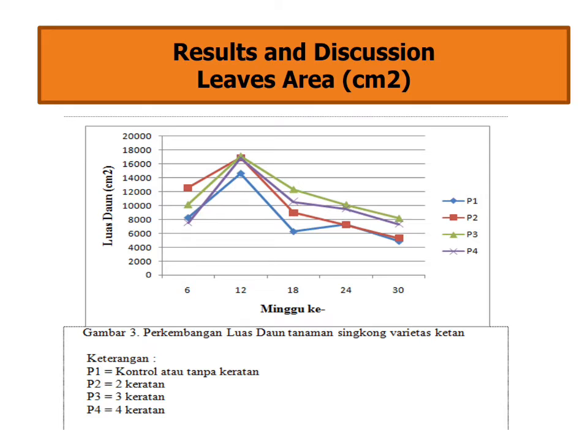The ability of the leaf to produce photosynthesis product is determined by the productivity per unit area of external and internal leaves. The rate of photosynthesis of each plant is generally influenced by leaf area.